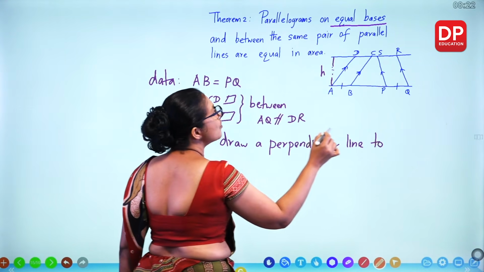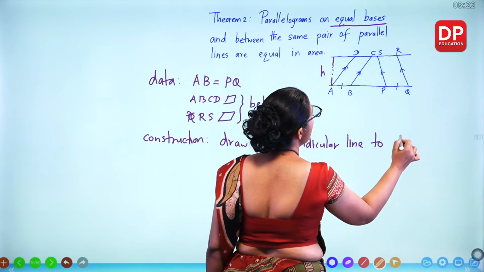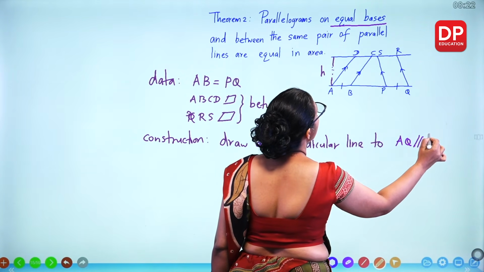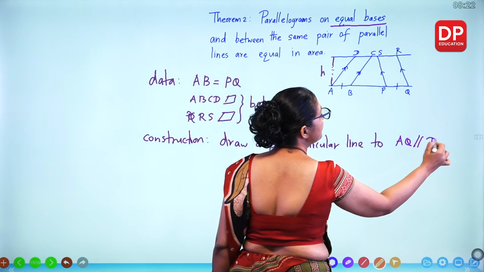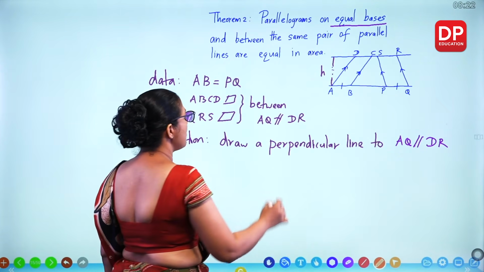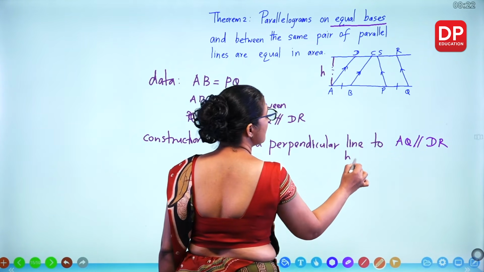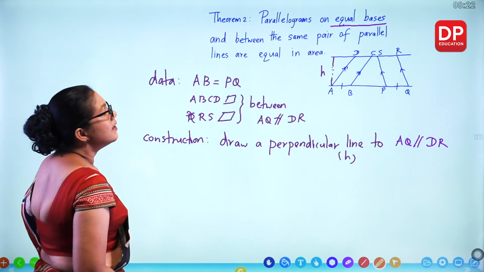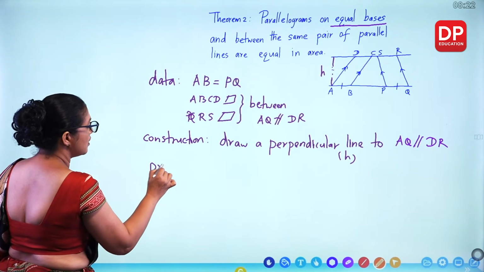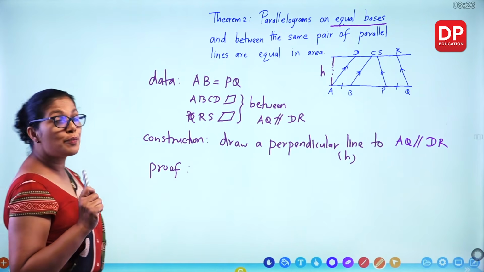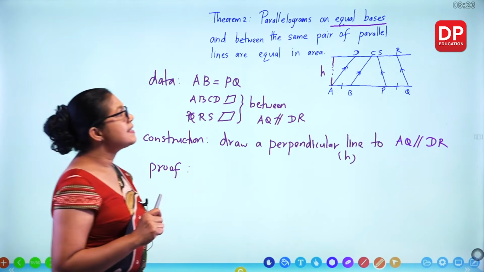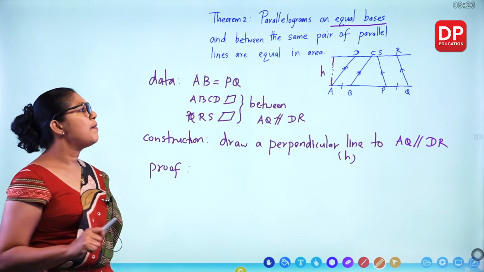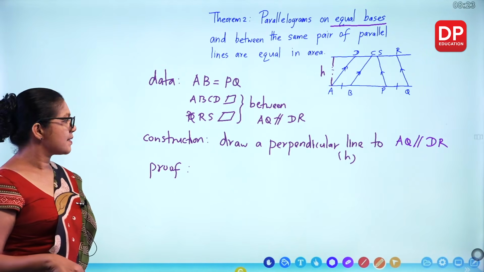And I'm taking as H. Now we'll take the proof. We need to prove that ABCD parallelogram area is same as PQRS.